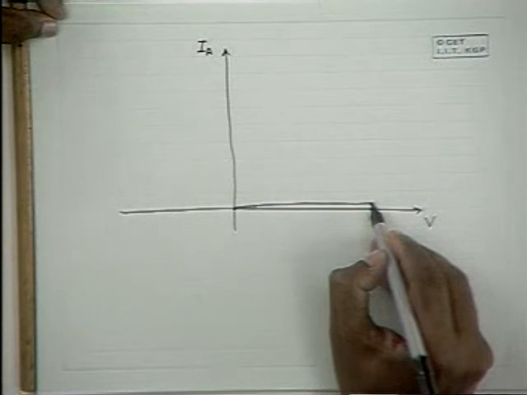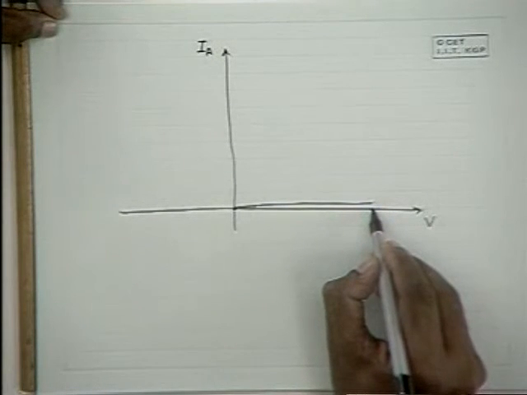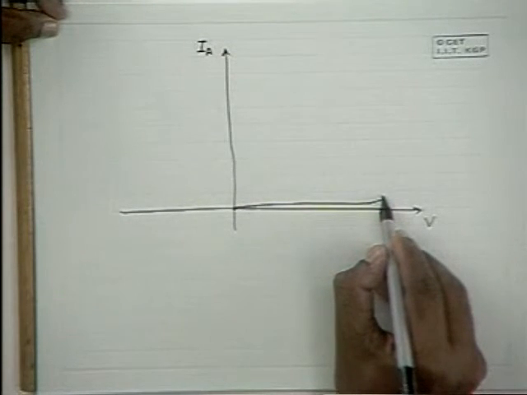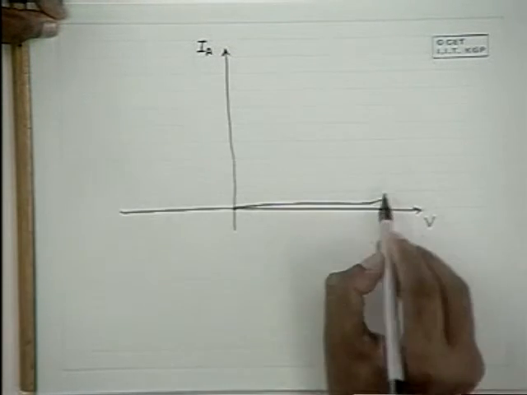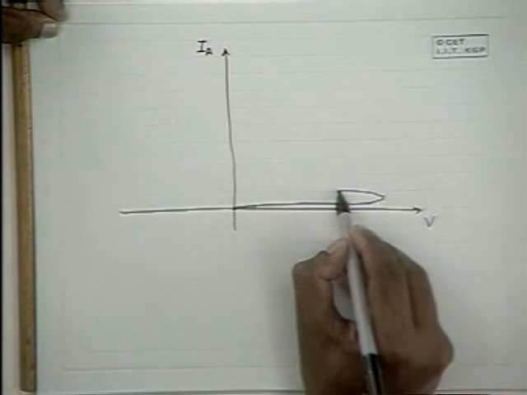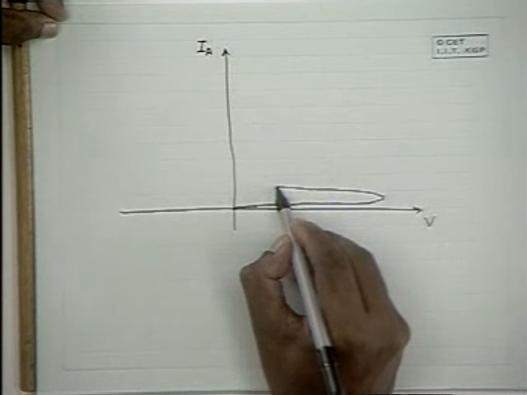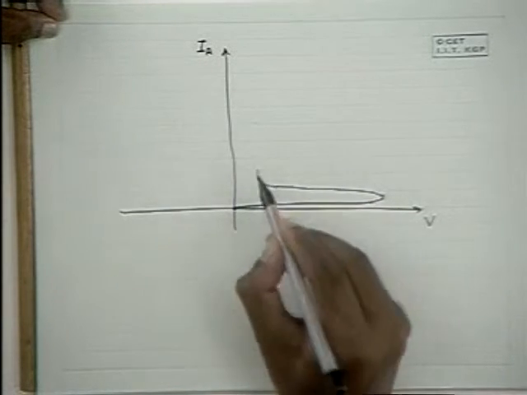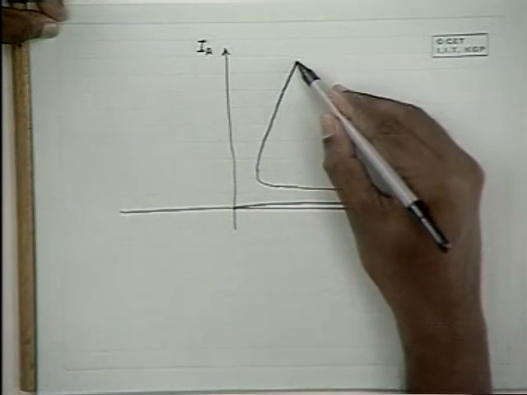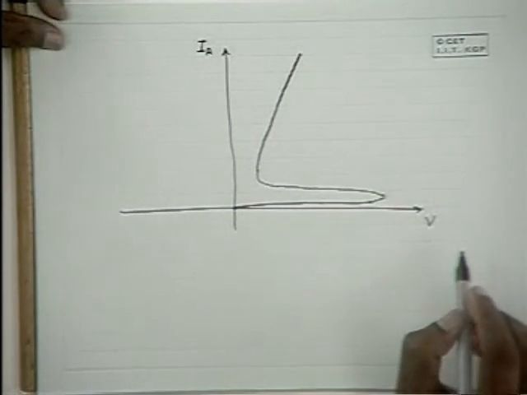And this is what happens until a breakdown potential is reached. When the breakdown potential is reached, there is a sudden increase in the current and the voltage applied across the diode goes down if there is a series resistance, and the characteristic is like this.